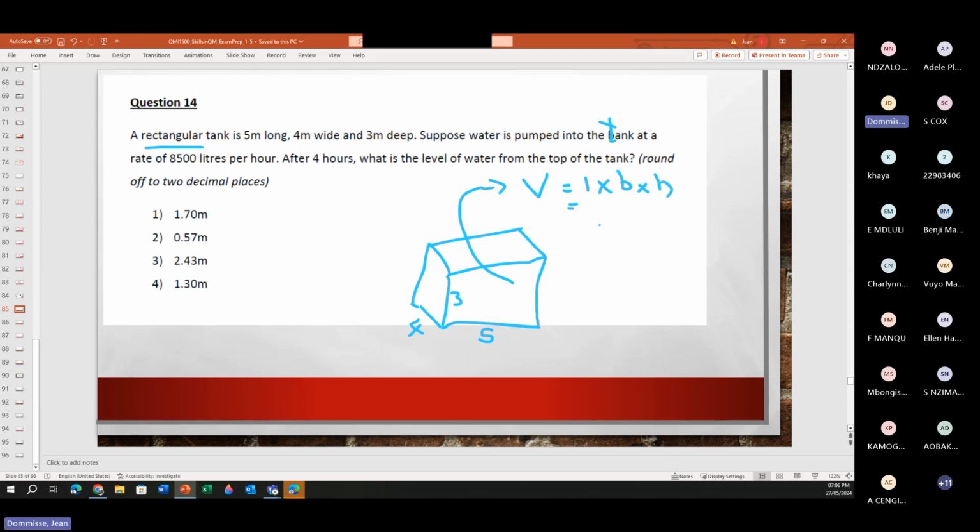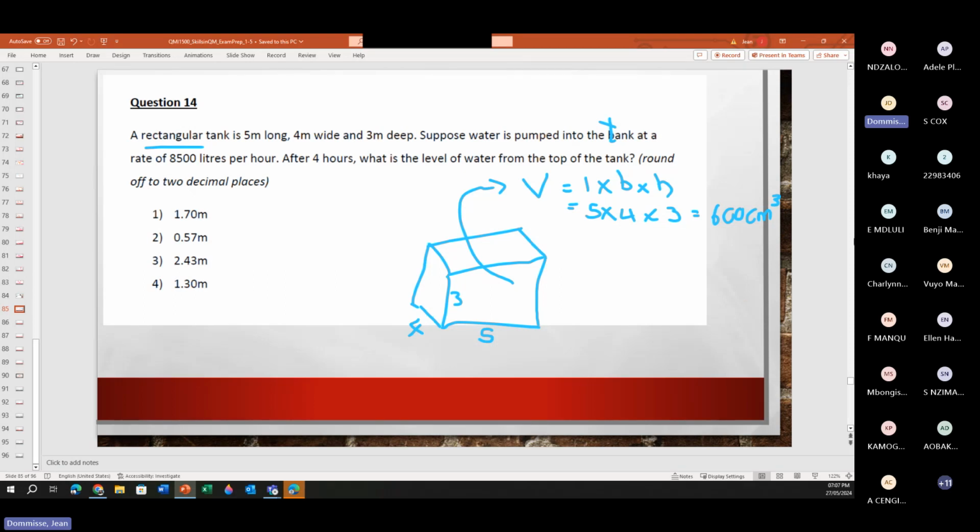So we've got length times breadth times height, and that is 5 times 4 times 3, which is 600 centimeter to the power of 3.